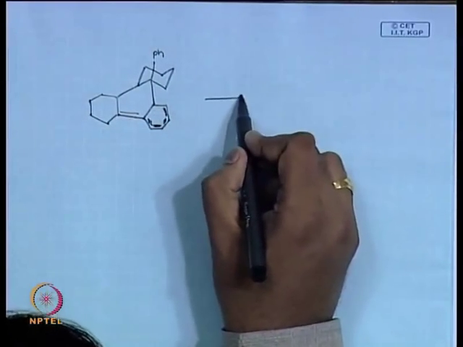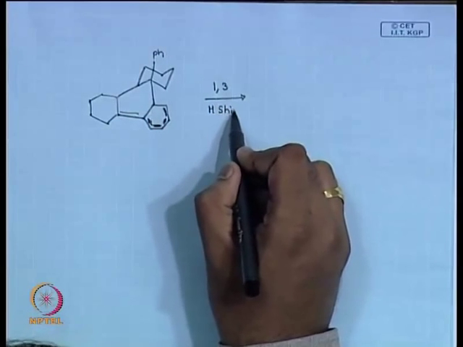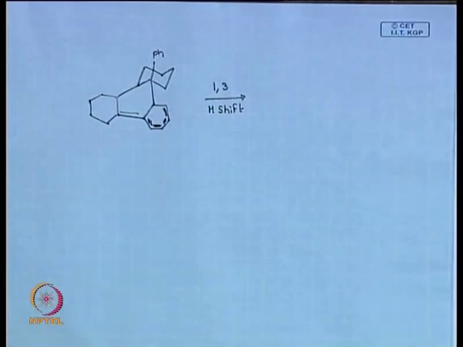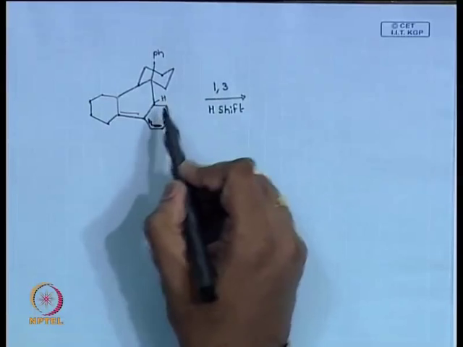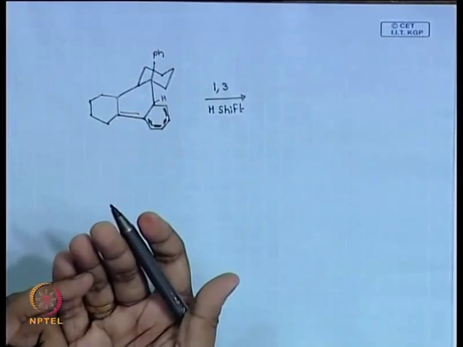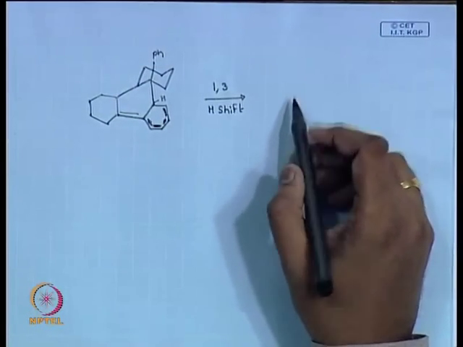Now, just think of doing a 1,3 hydrogen shift, from where? See, I want to push this nitrogen here, I can move it here, so it can become aromatic. So, I can do a 1,3 hydrogen shift, then it becomes a very stable molecule.